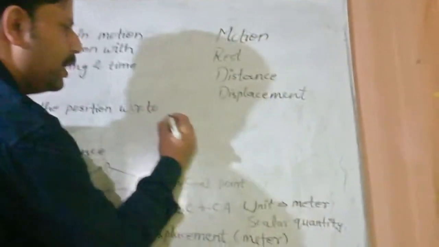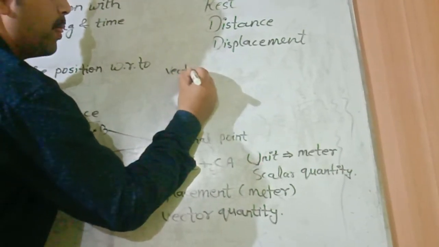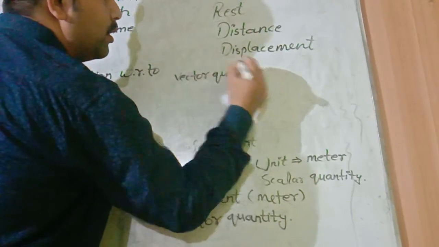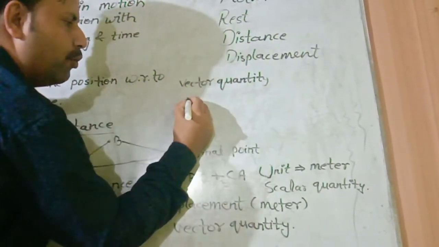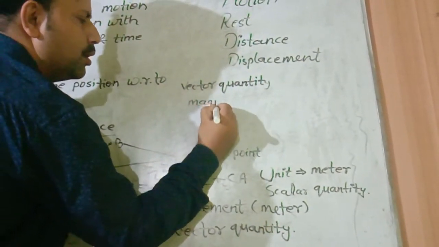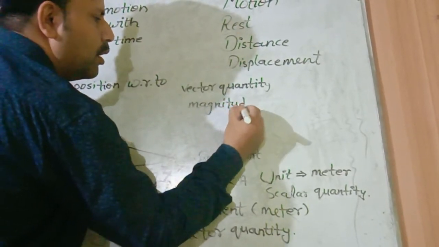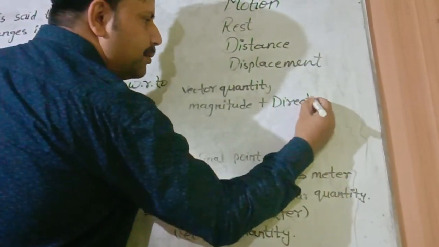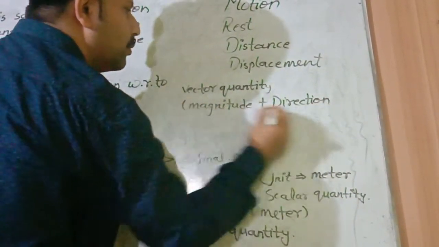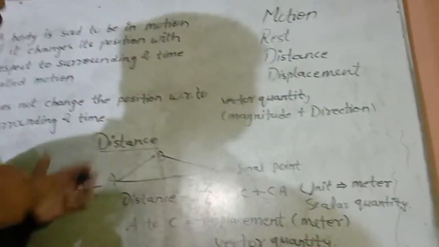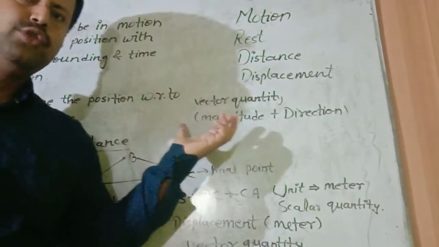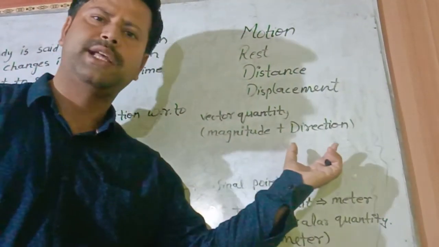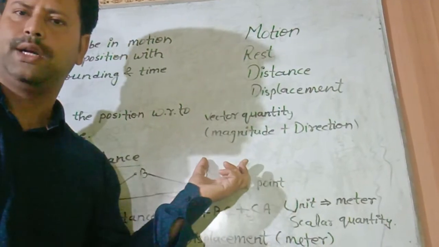For a vector quantity, two things are required: first, magnitude, and second, direction. So we can say that those physical quantities which have both magnitude as well as direction are called vector quantities.